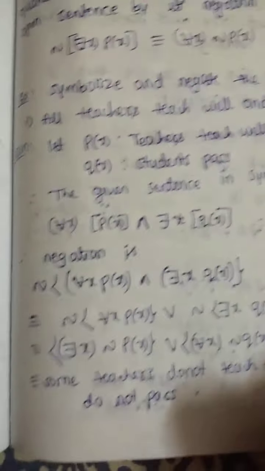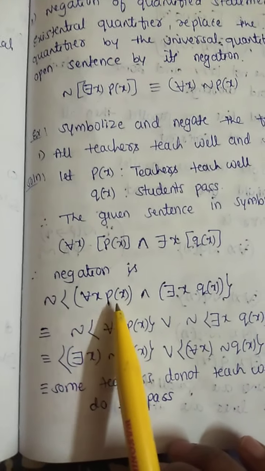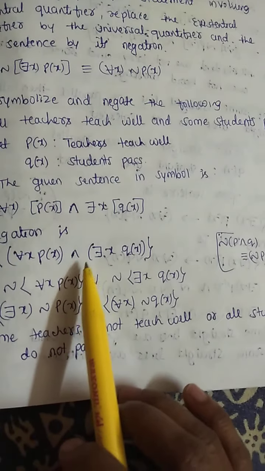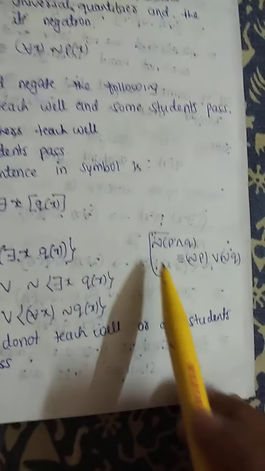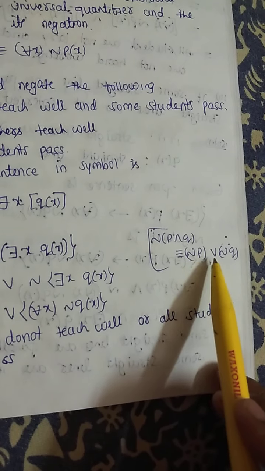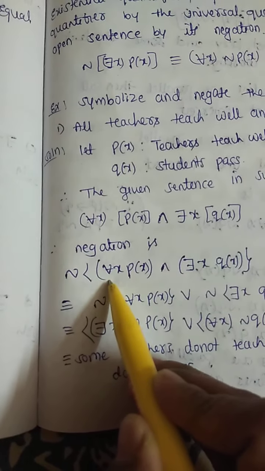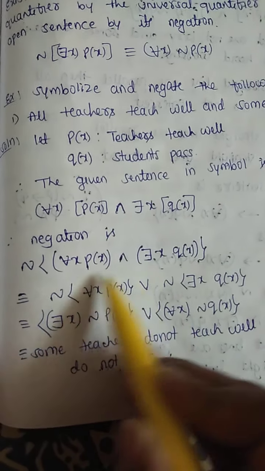Okay. What is the negation of this statement? Negation of "for every x p of x and there exists x q of x". We know that negation of p and q is negation p or negation q. See here, this is p, this is q.